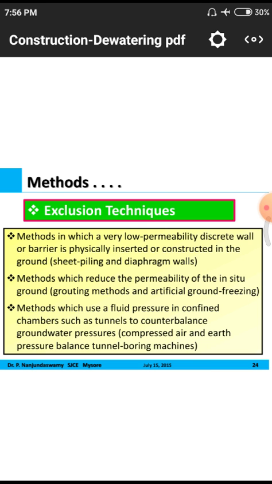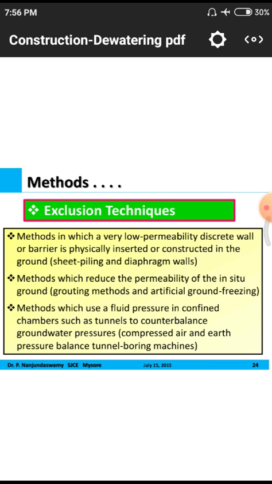Next one, we have artificial ground freezing. Normally the term freezing is associated with fridges. In our deep fridges we have a temperature of less than 5 or 10 degrees, so that all the water will be in the solid state. Likewise, we use some chemicals for artificial freezing techniques in our ground, so that the water will not move further.